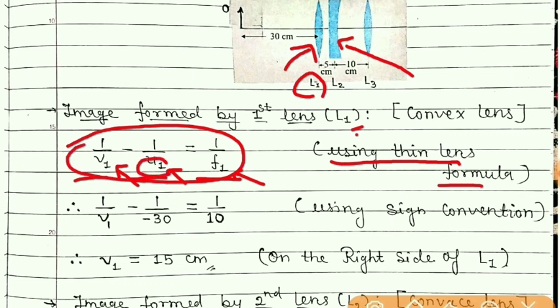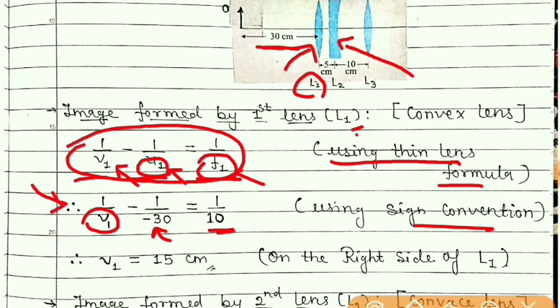Object distance U is 30, but using sign convention, object distance is taken as minus 30. Focal length for a convex lens is positive. For the first lens the focal length is 10. Only V1 is unknown, so simple mathematics is there.